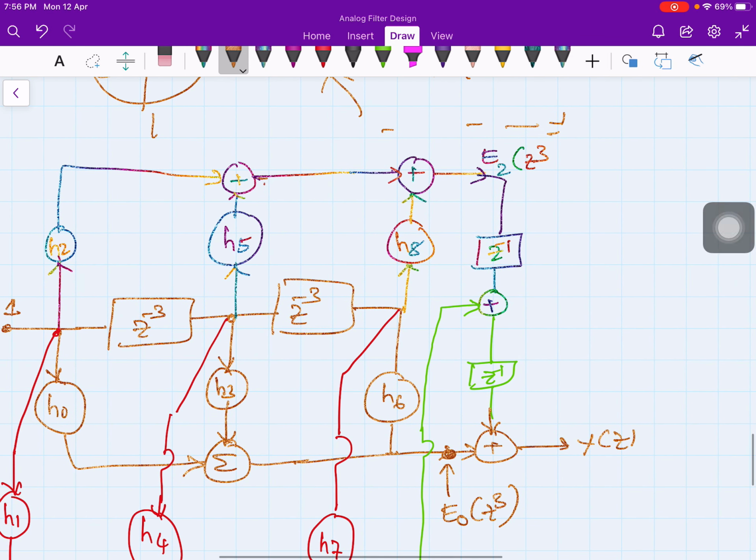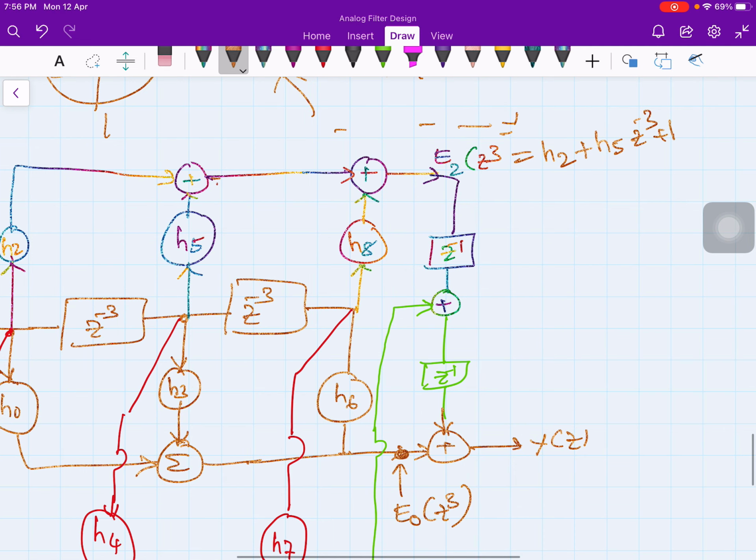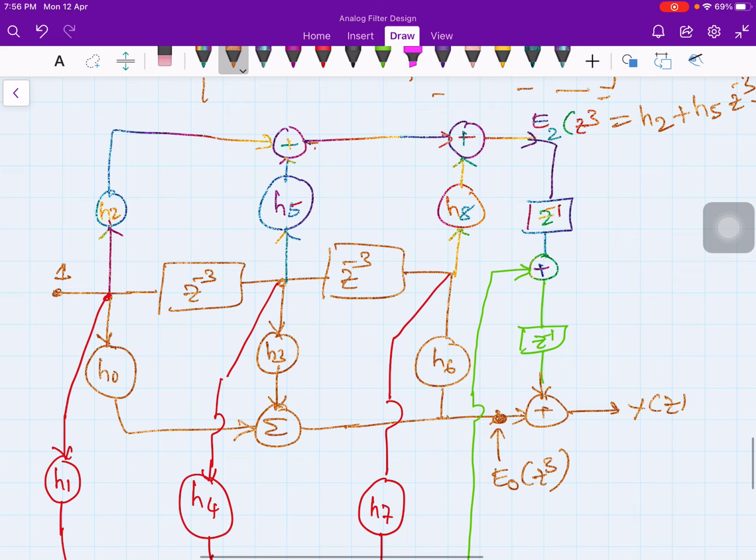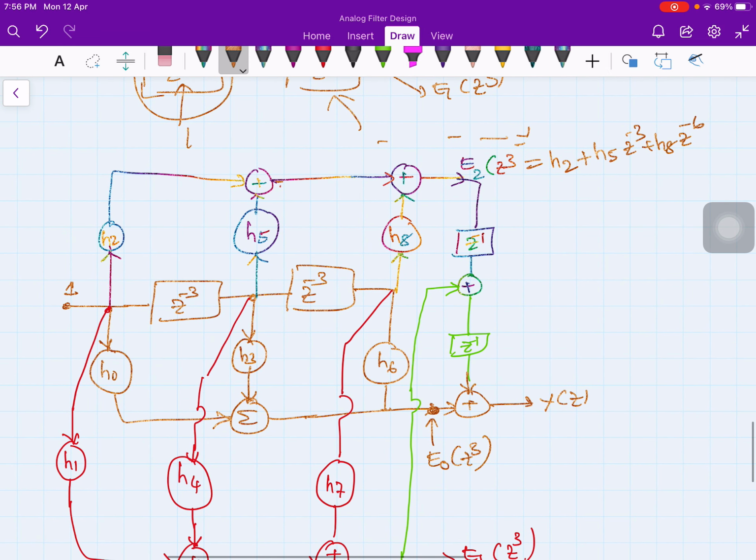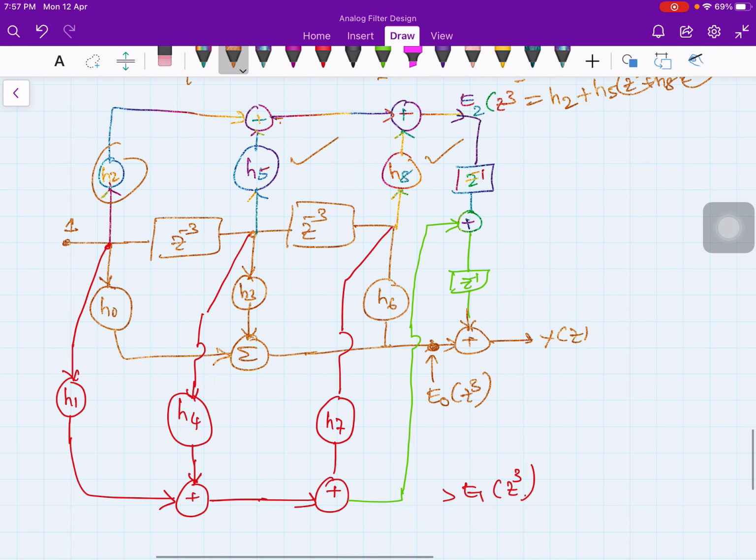Now what is E2(z^3)? This is h2 plus h5 z^-3 plus h8 z^-6. That's what we did here. See, h8 multiplied by z^-6, h5 multiplied by z^-3, and h2 with no multiplication, right? And then if you look at this point, this is E1(z^3).